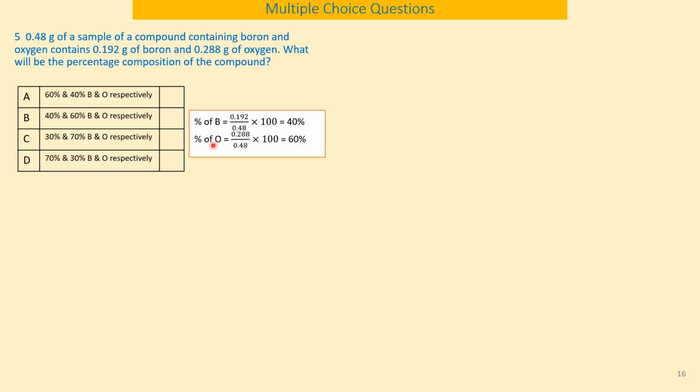Similarly, we can calculate the percentage of oxygen, that is 0.288 divided by 0.48 into 100, which simplifies to 60%. So boron is 40% and oxygen is 60%. So the correct answer is B. Please mark it.